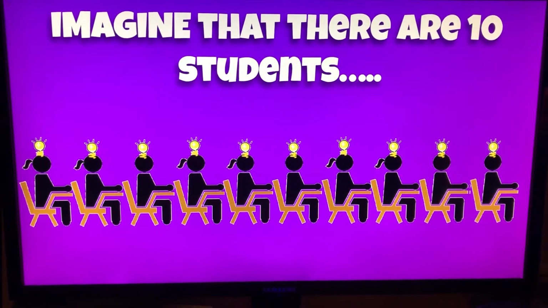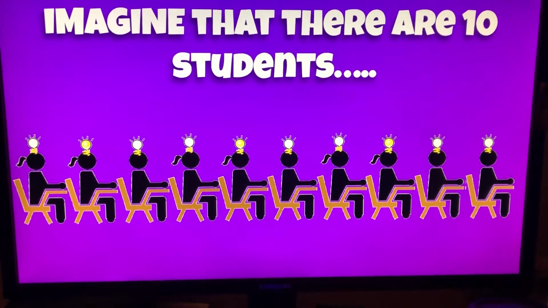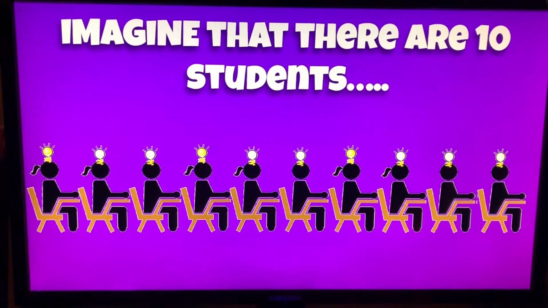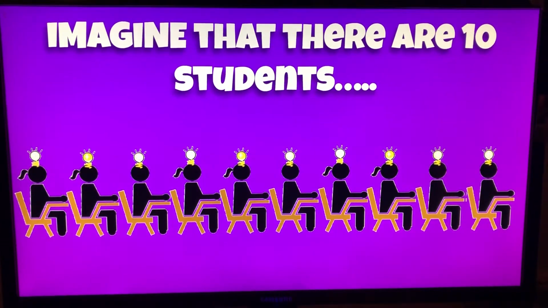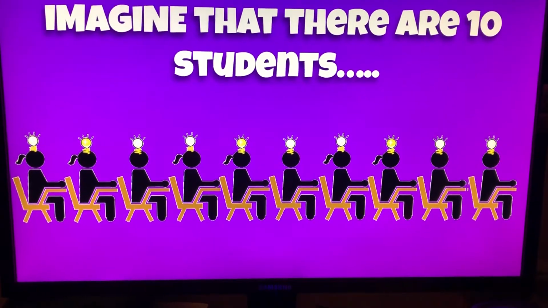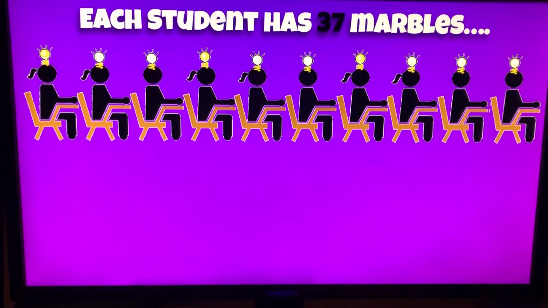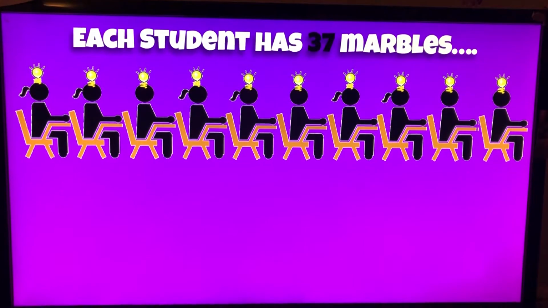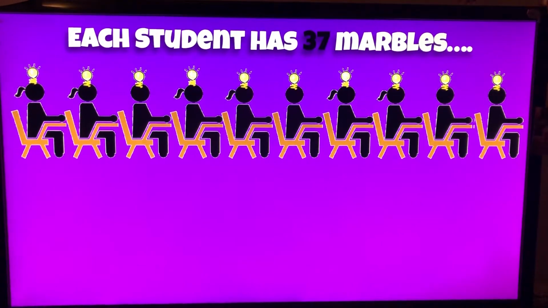Now, with this lesson, we're still going to talk about base 10. So we have a question. Imagine that there are 10 students, and each student has 37 marbles.